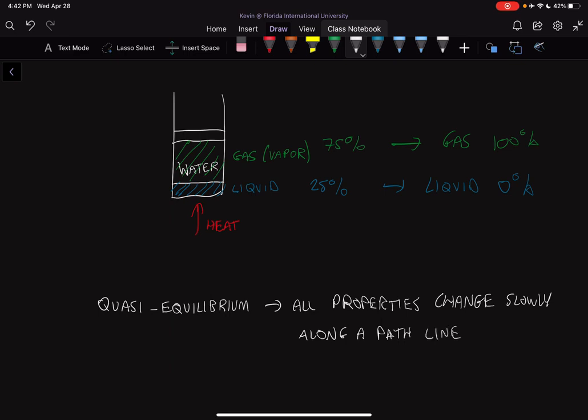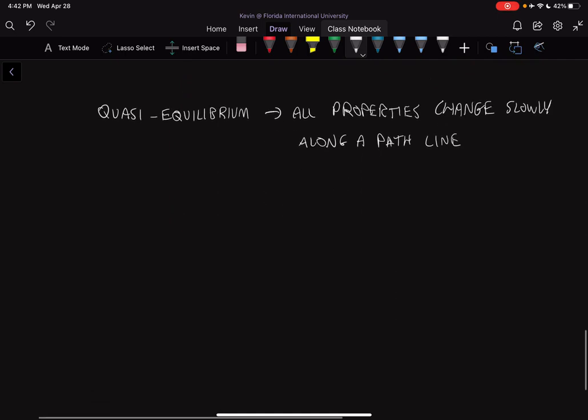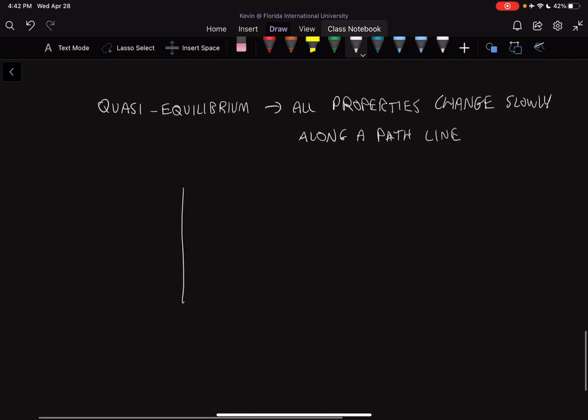So from one state to another, we have a change happening slowly. And the best example of this is to look at a specific problem that we could have in our class, and how we're going to analyze the problem versus how it might actually happen in real life.